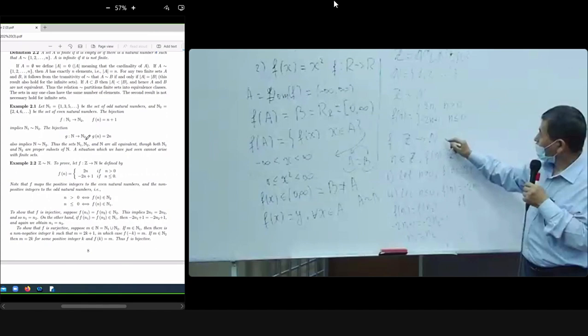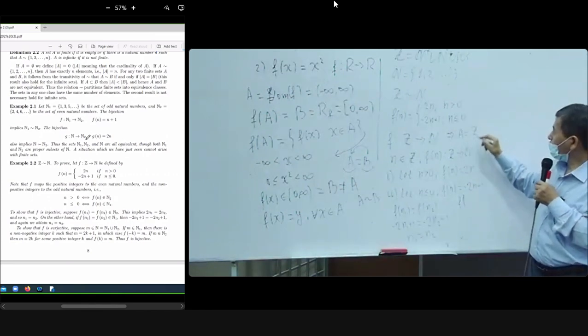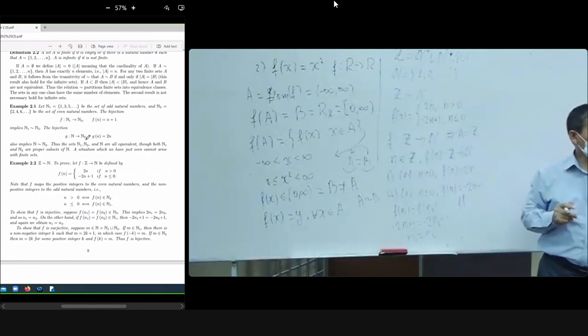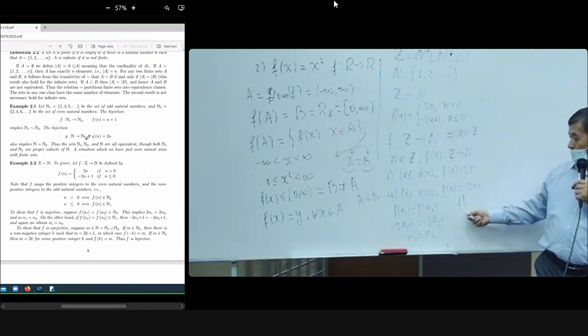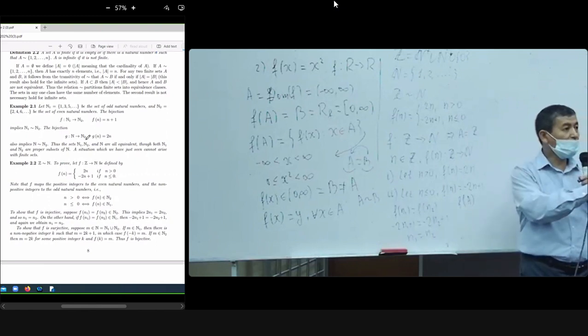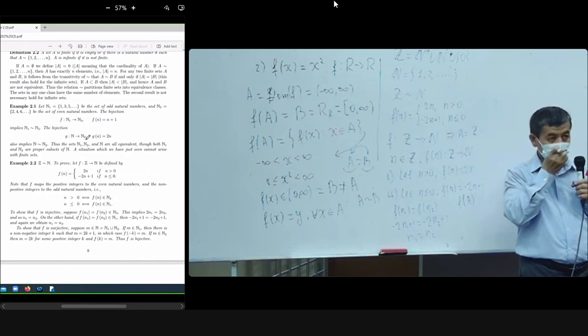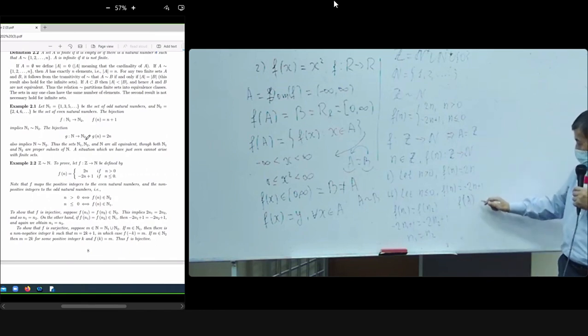From here I can say the domain is Z. Now I want to find the image of the domain.